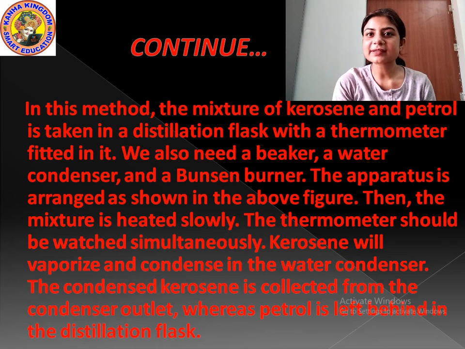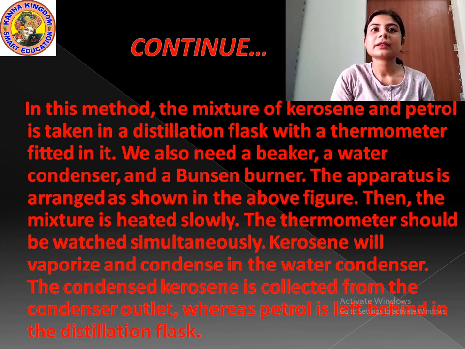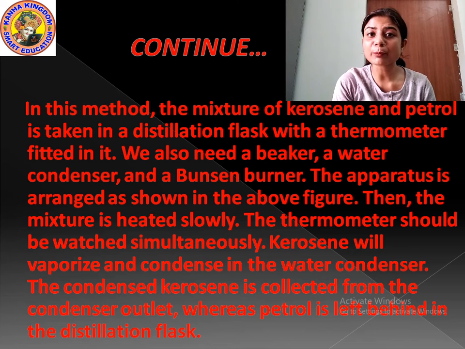So students, what is done in this method? In the method of distillation, first the mixture of kerosene and petrol is taken into the distillation flask with a thermometer fitted in it. The thermometer is used to check the temperature.